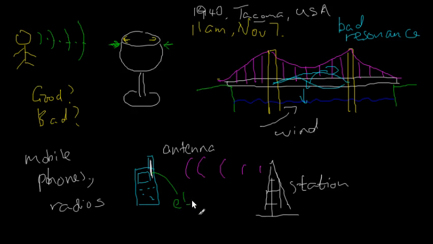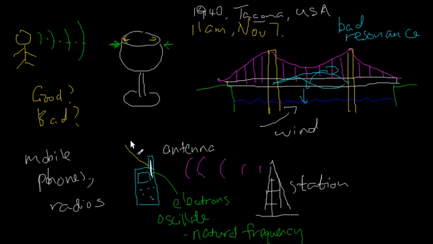So these electrons in the antenna would oscillate up and down along the antenna, and there would be a natural frequency. Now, this natural frequency actually depends on the length of the antenna.